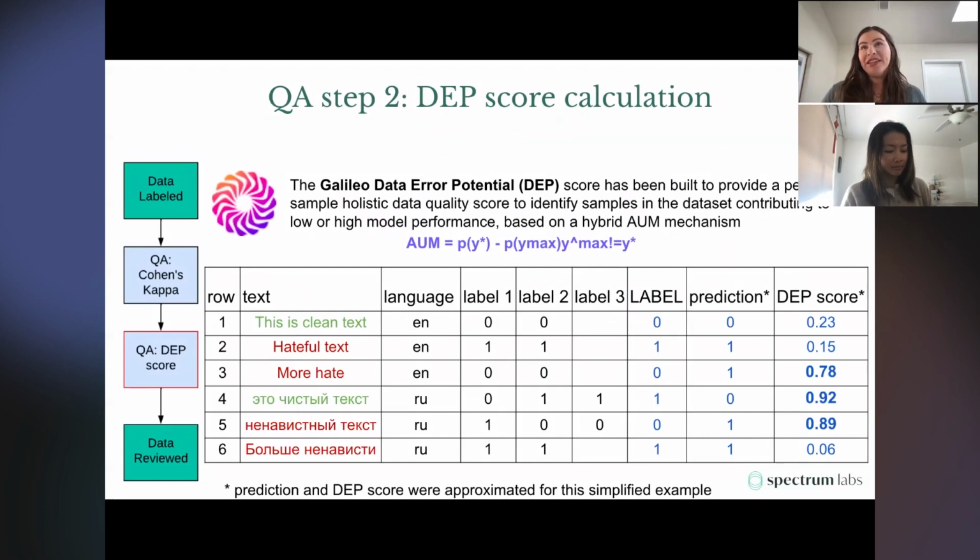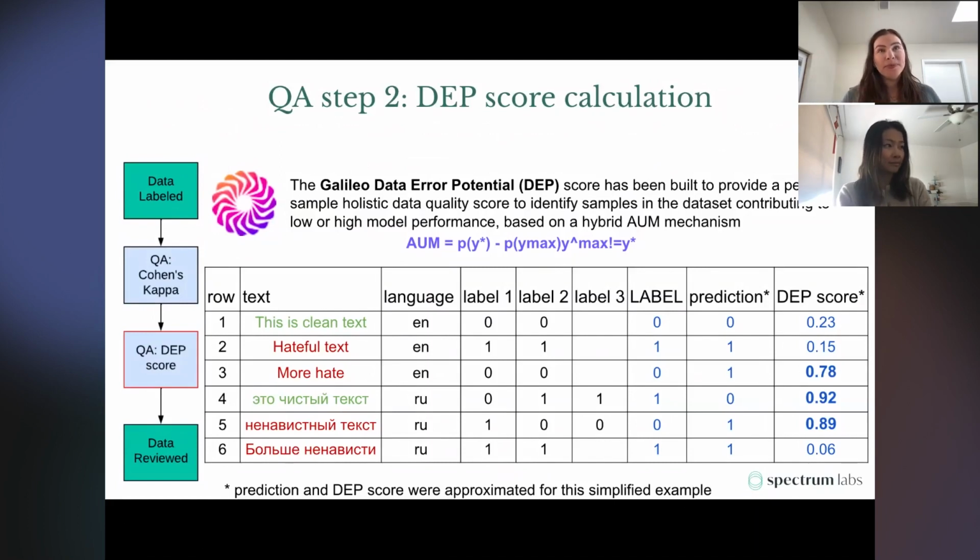So for example, and these are all just approximated for the sake of easy examples, there was an example here in English that was hateful content that was mislabeled. The labelers agreed, but this would help flag that this is an example that we would want to review.